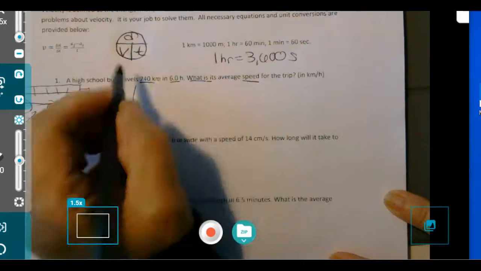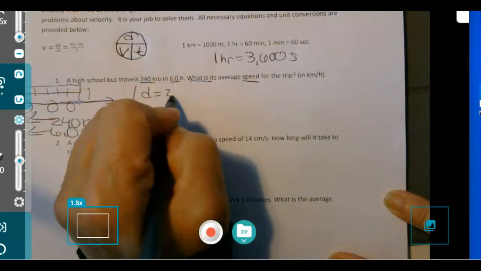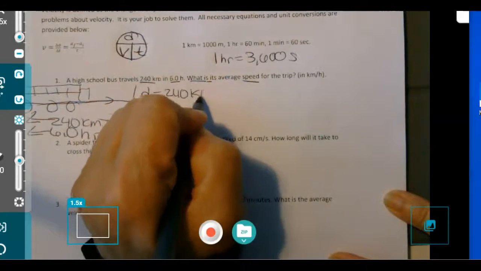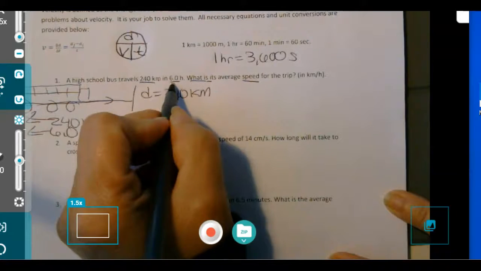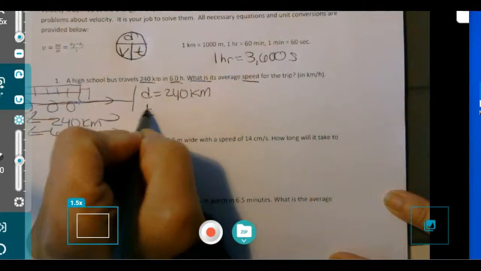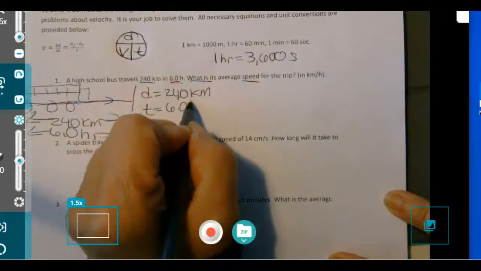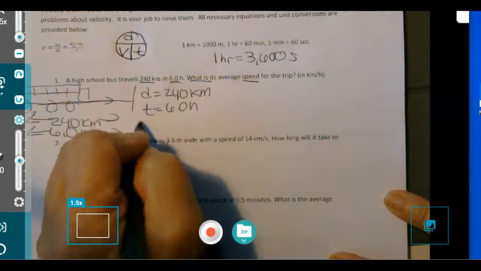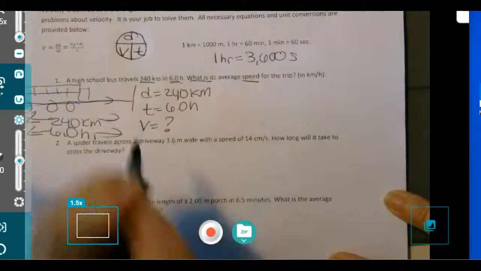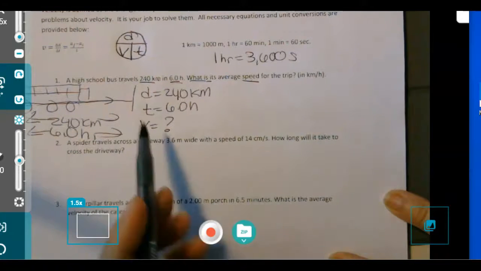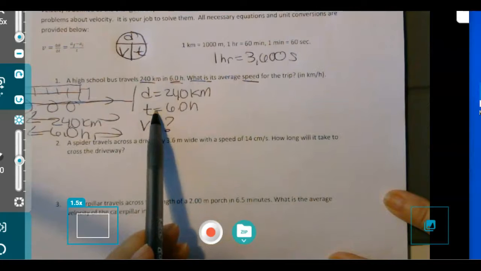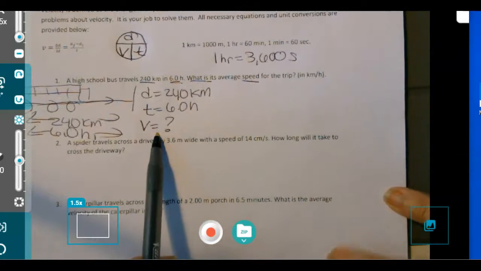So this is a kilometer, so that's my distance, 240 kilometers. 6 hours, so that's a time, 6 hours. And I'm looking for my velocity, speed. So now I have my knowns.